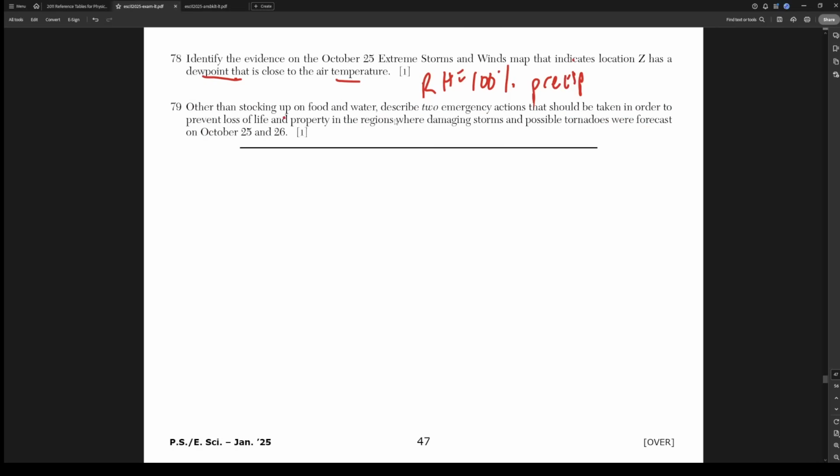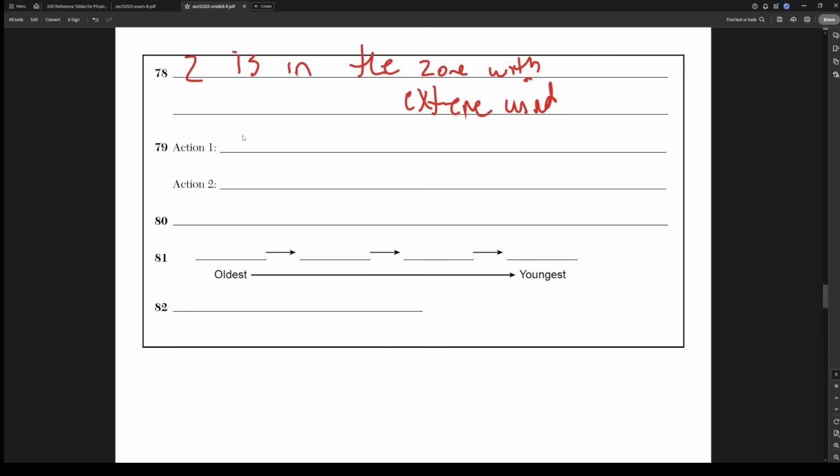79. Other than stocking up on food and water, name 2 emergency actions that should be taken in order to prevent loss of life and property where these tornadoes would be. So we want to get in a basement, and a first aid kit would probably be good. That would prevent loss of life. So get in a basement.